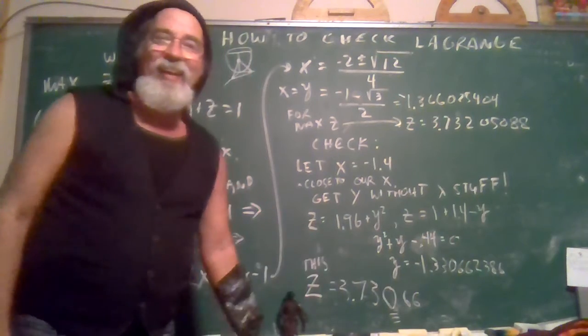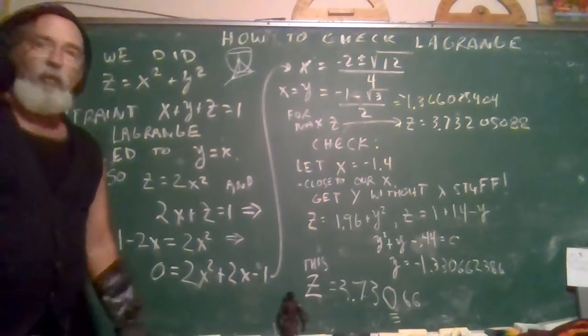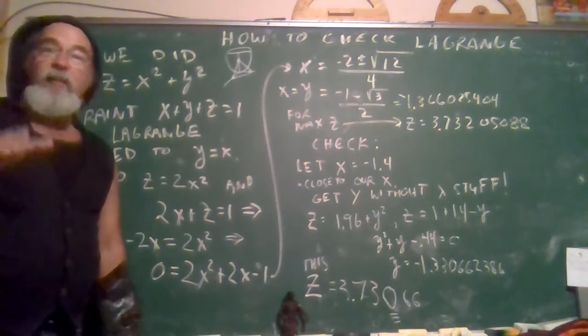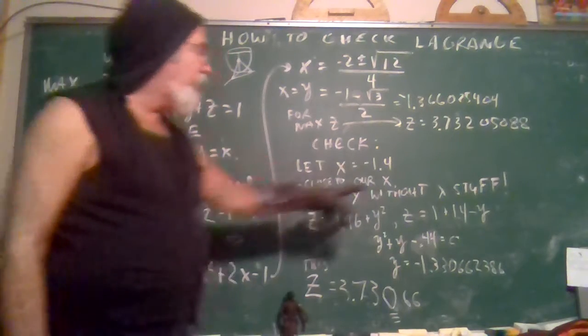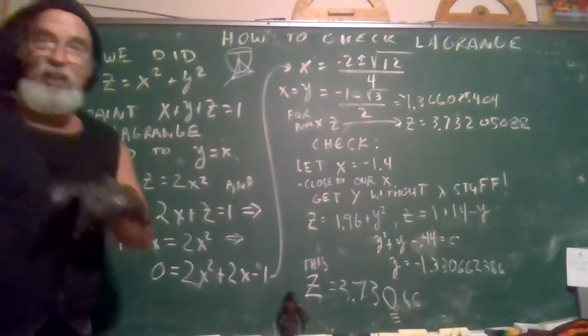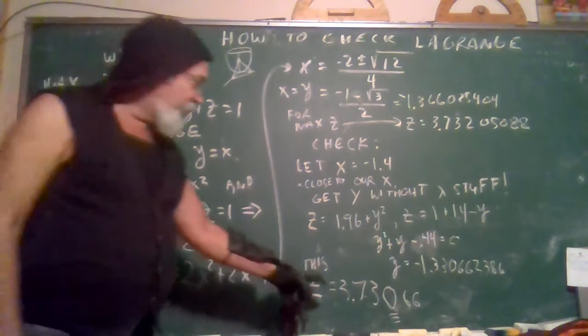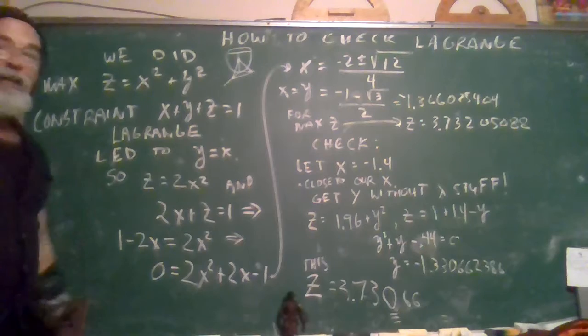You can solve that. So you solve for y, and one of the two numbers that it gives you is negative 1.33066. That's the one we want. That will go with this x, the negative 1.4. It'll satisfy both of these equations with the same z. Now you just find that z and see what it is. So I found that z. I used x squared plus y squared on my calculator.